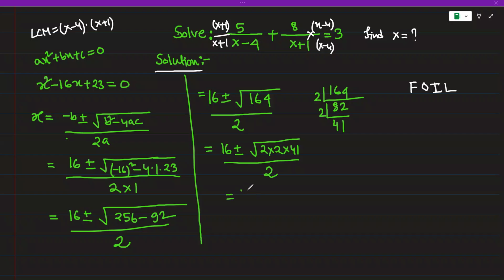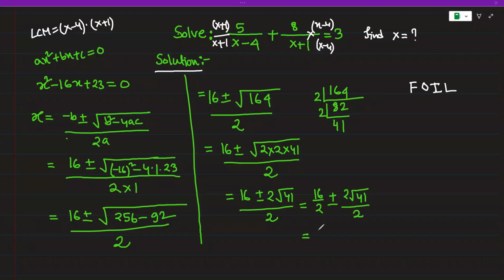So we get 16 plus or minus 2 square root of 41 over 2. Now we can write 16 over 2 plus or minus 2 root 41 over 2.